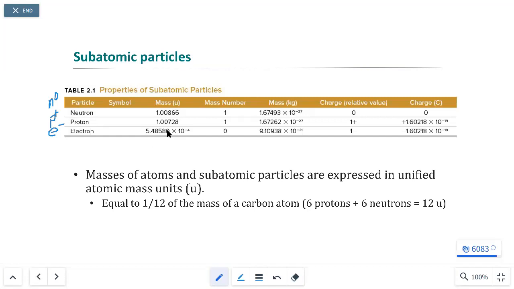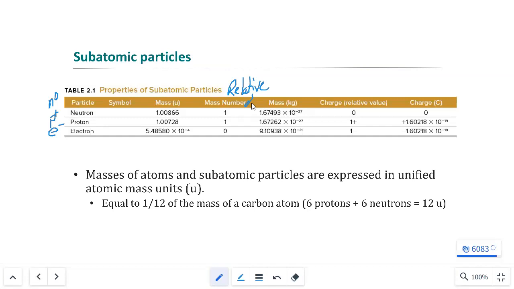Since the electron mass is nearly 2,000 times smaller than the mass of the proton or the neutron, we're going to call its mass number 0. So that's where these relative numbers come from. That's a relative term for mass here. That'll come in important when we start to look at mass number to describe different types of atoms.